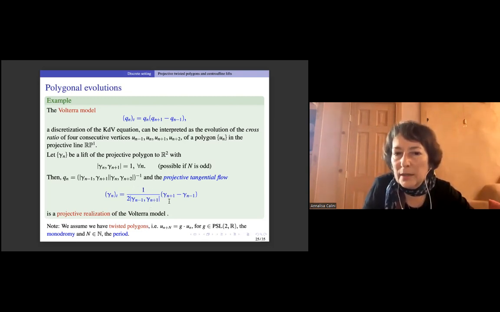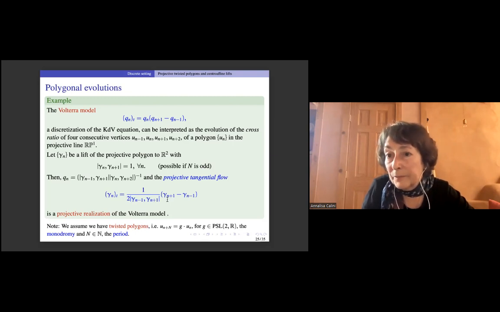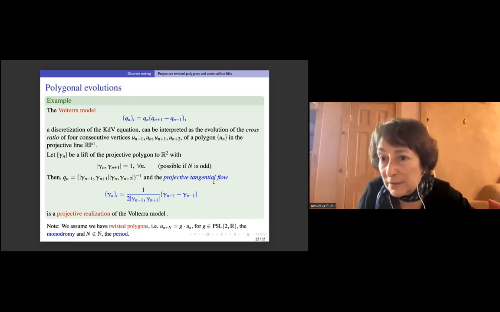If you ignore this coefficient, this evolution here is a discretization of a translation flow. This coefficient is there in order for the arc length preservation to work, in order to preserve arc length. So as such, it is called the projective tangential flow.